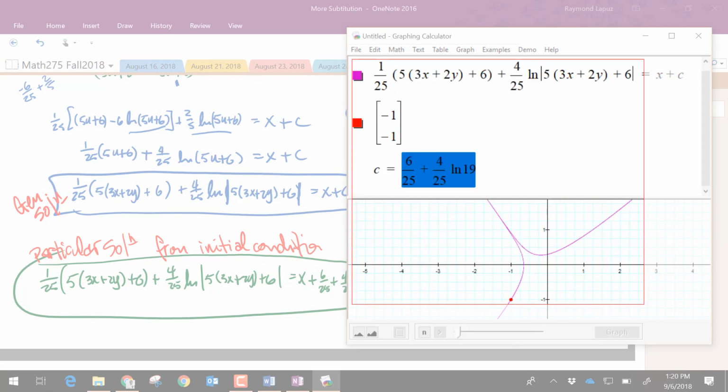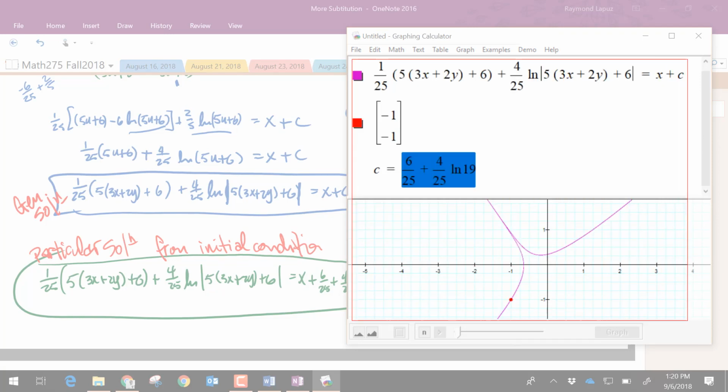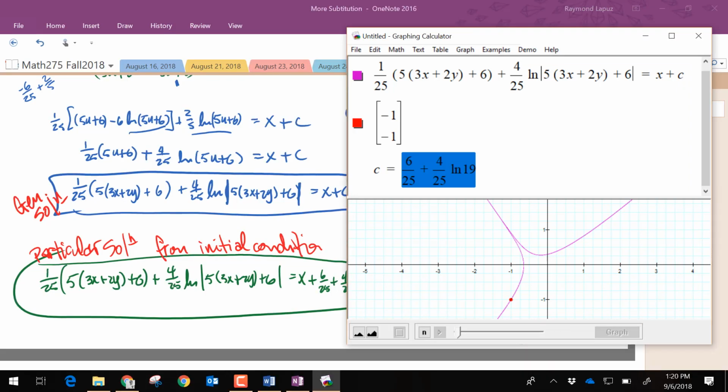Say it again? Can you check using the calculator? The calculator, unfortunately, doesn't graph implicit functions, and this is an implicit function.